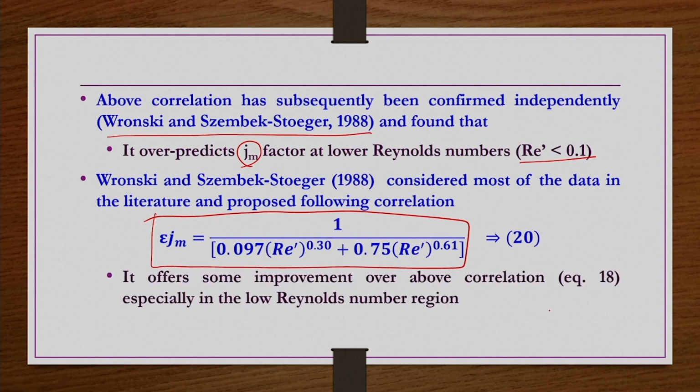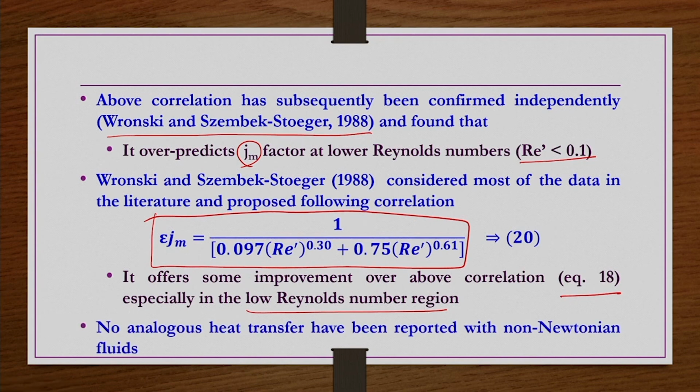It offers more improvement over the Kumar and Upadhyaya correlation that we showed in the previous slides, especially in the low Reynolds number region. However, no analogous heat transfer results have been found in the literature, especially for non-Newtonian fluids flowing through packed beds.